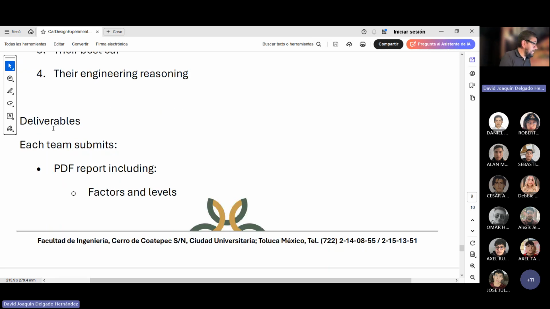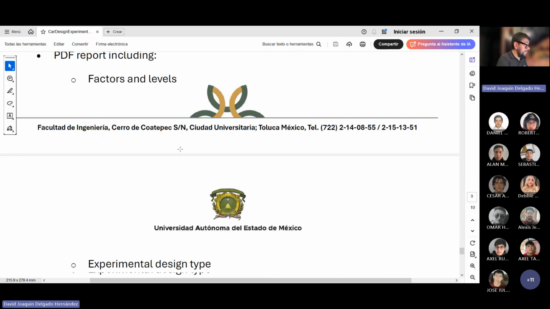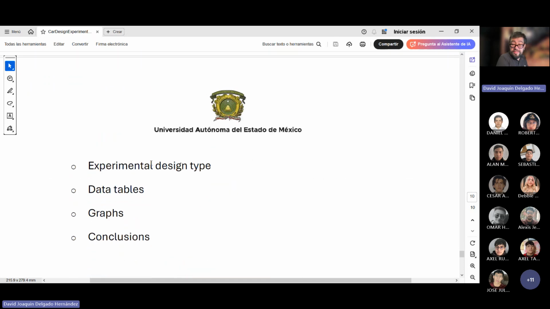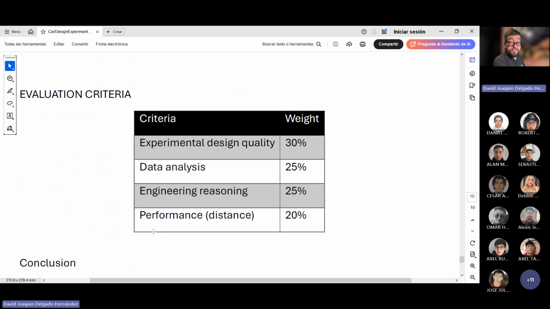What are the deliverables? Each team submits a PDF report which has the factors and their levels, the experimental design type, the data tables, the graphs, and the conclusions, okay? And here is the evaluation criteria.